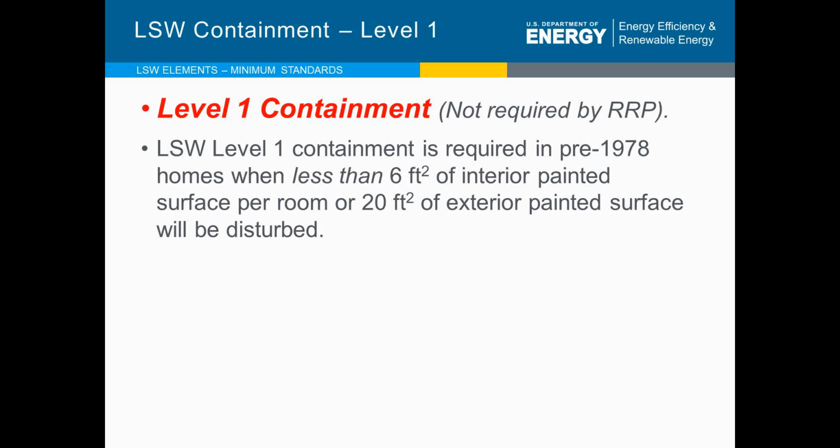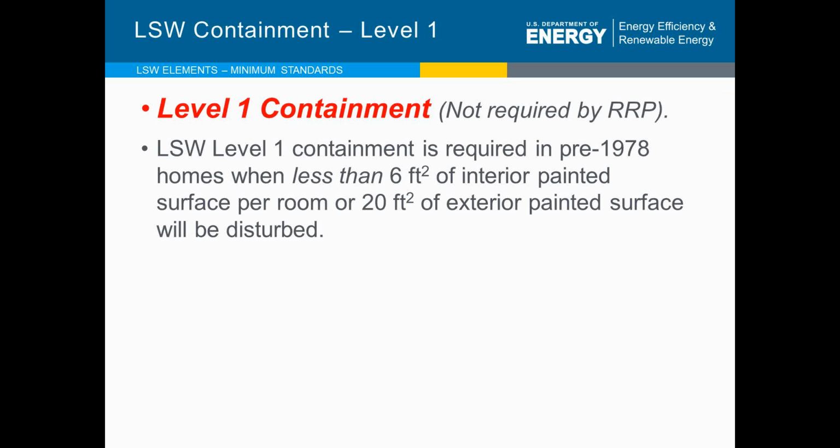If we were not working for DOE weatherization, if we were not doing HUD work, RRP says that lead-safe work practices begin when we disturb more than 6 square feet of interior painted surface per room, or more than 20 square feet exterior. HUD says 2 square feet, and LSW says that containment is always required. And this is known as level 1 containment, all right?